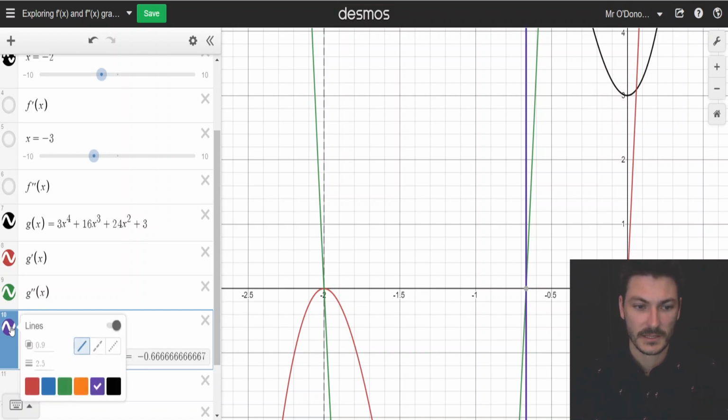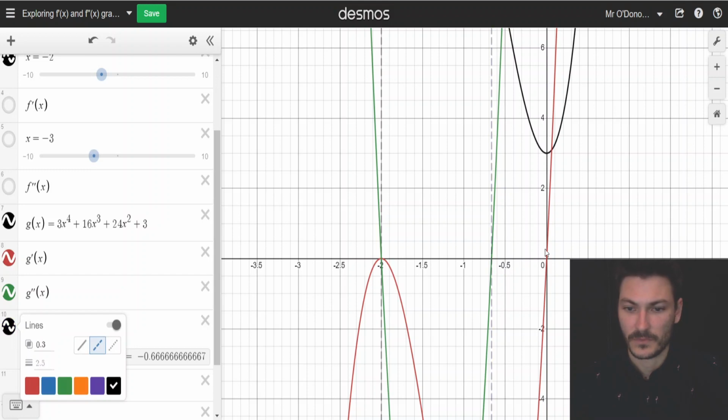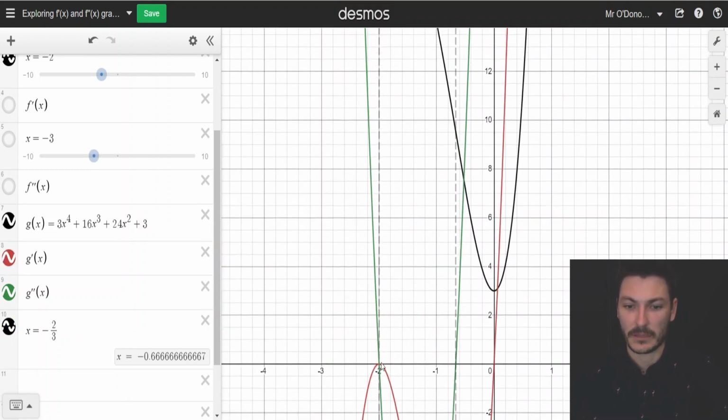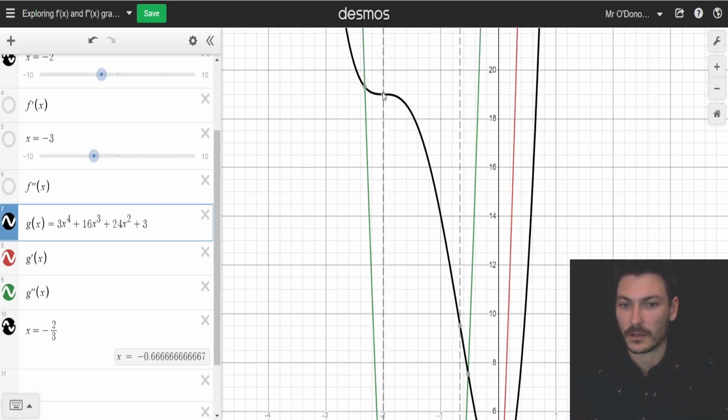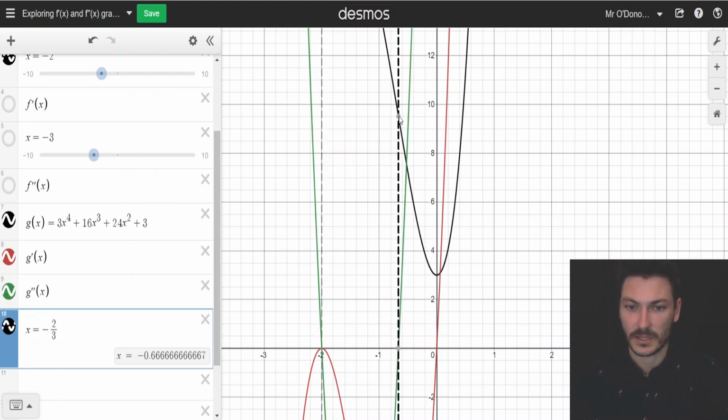I'll make that dotted, 0.3 opacity. All right, so we have another, that didn't work. Oh, it's purple, that's why. Okay, so we already knew that the -2 x-intercept was here. But this -2/3 is going to correspond to this point here.